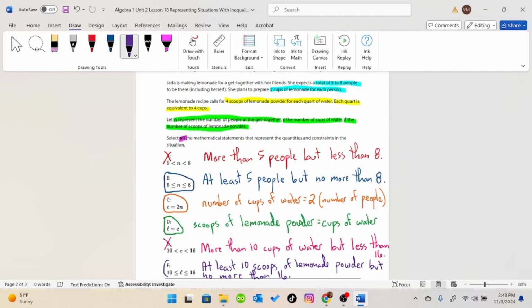Because of the less than or equal to symbol, this does include the 10 and the 16, which is needed in this situation.